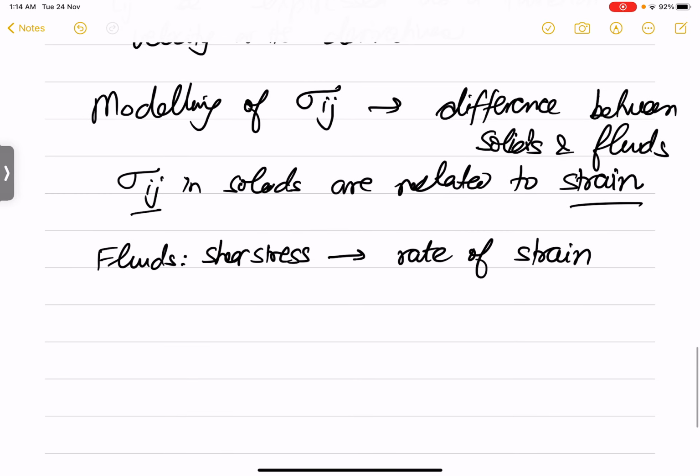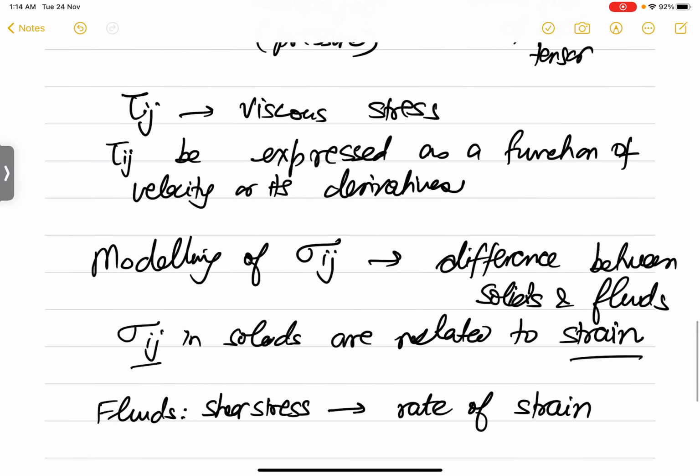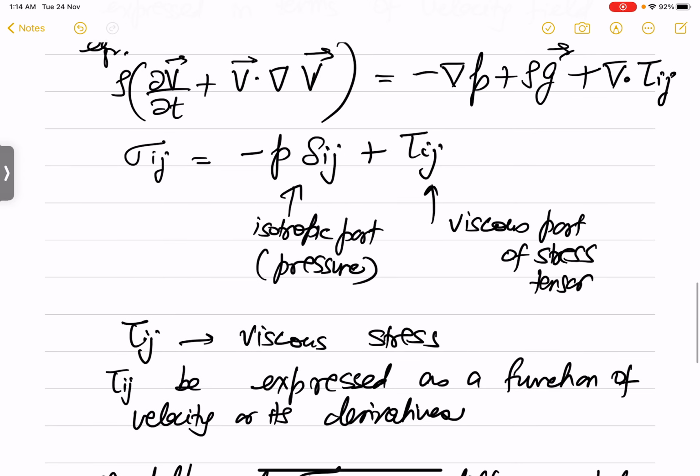And when we talk of rate of strain, what we would now like to do is, so we have also specified this pressure as a separate part, which is an isotropic part.